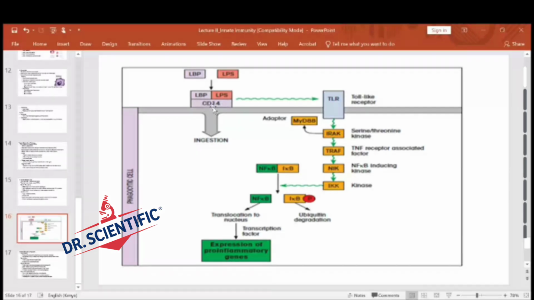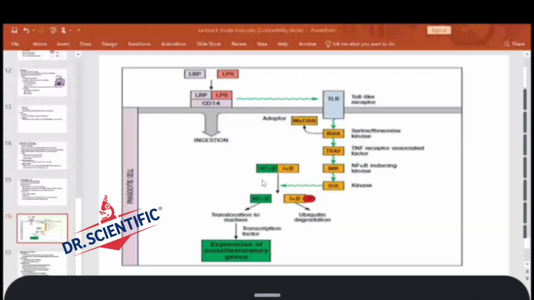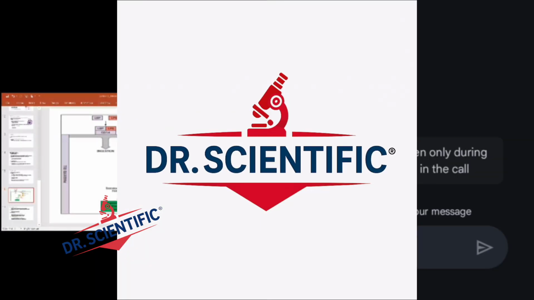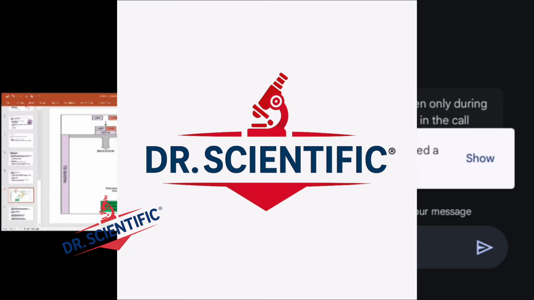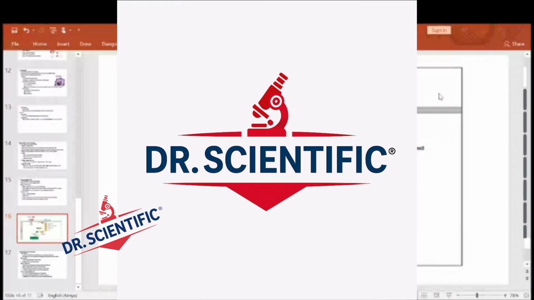This is CD14. CD14 is a neutrophil. We said white blood cells are all CD what? Who can remind us? White blood cells are CD what? Victor? CD45. Yes. Then we said T cells are CD what?